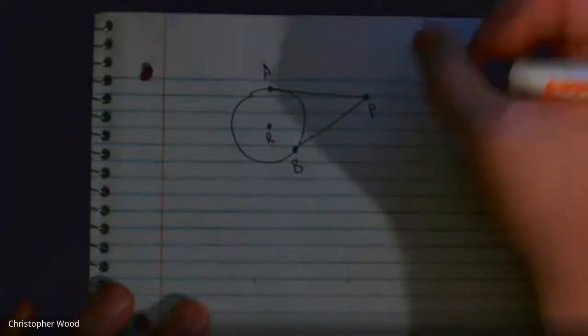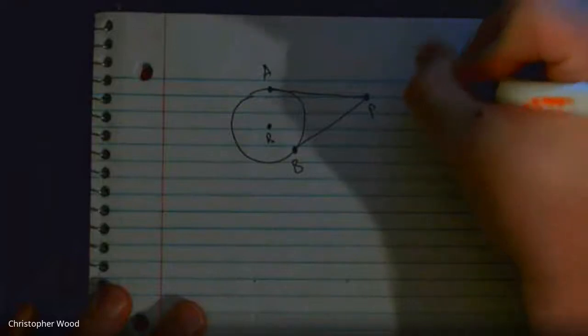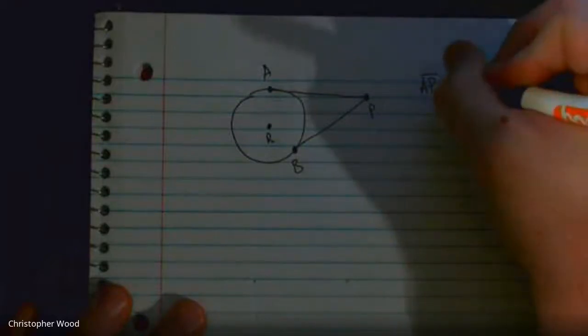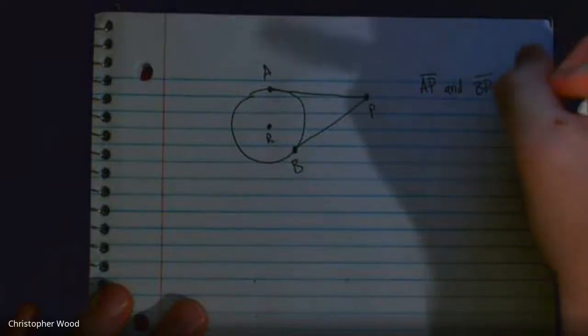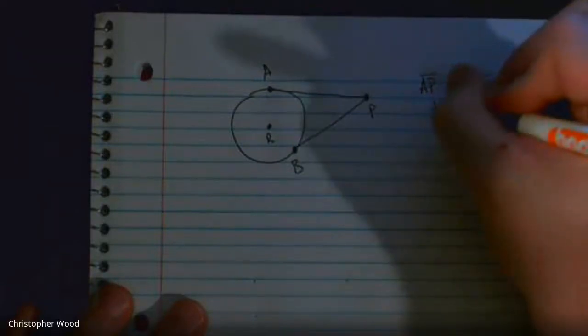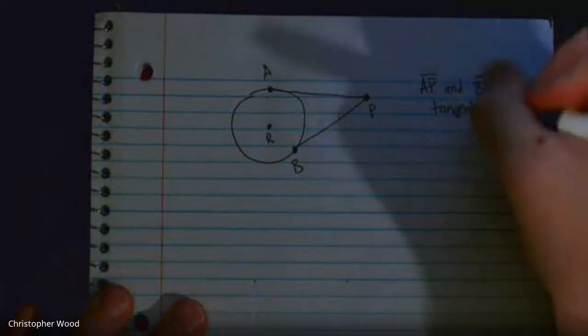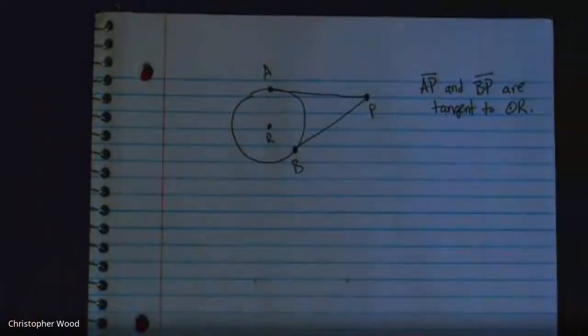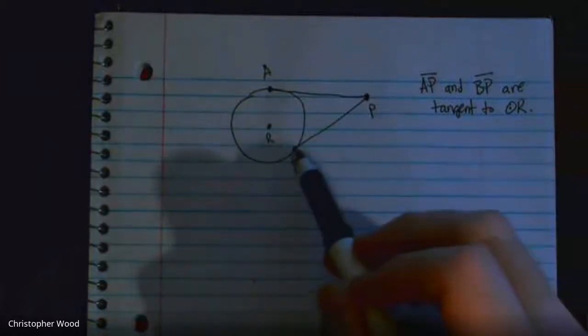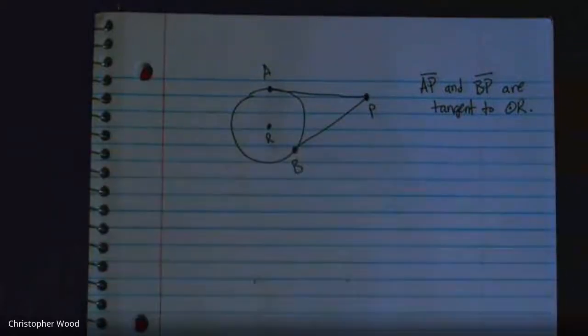So we know that segment AP and segment BP are tangent to circle R. Again, remembering what this means, that they only intersect or cross that circle at that one spot, and then they keep going on and on forever without ever interacting with the circle again.